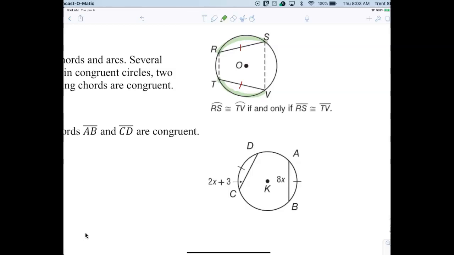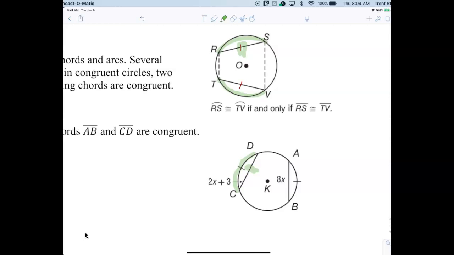Let's say those two circles are equal, and I say CD is equal to RS. Then arc CD would also be congruent to arc RS. Does everybody see that? It's just obvious, right? The circles are equal. If the chords are equal, then their arcs are equal. That's all there is to it.